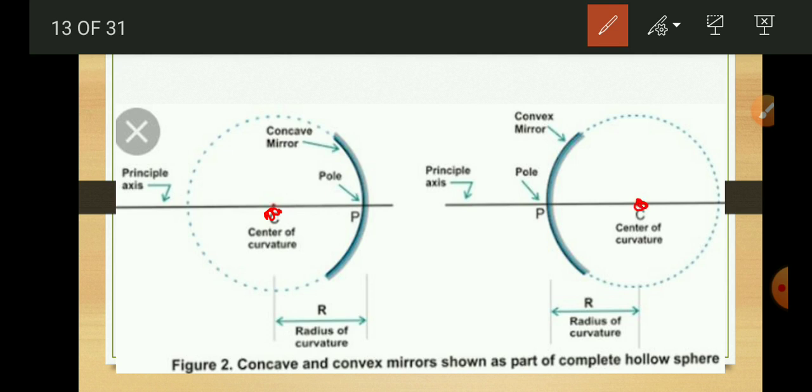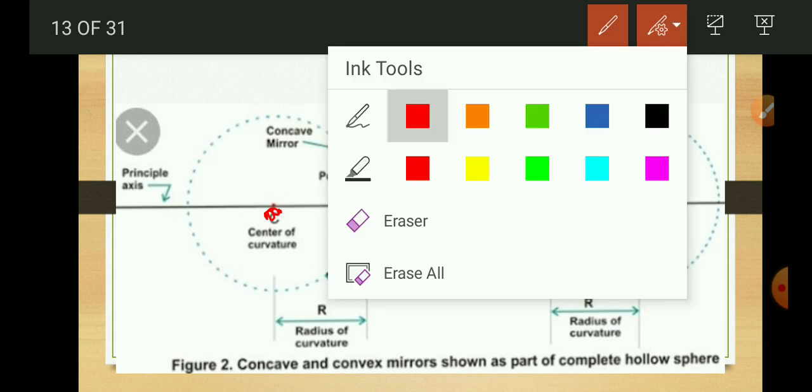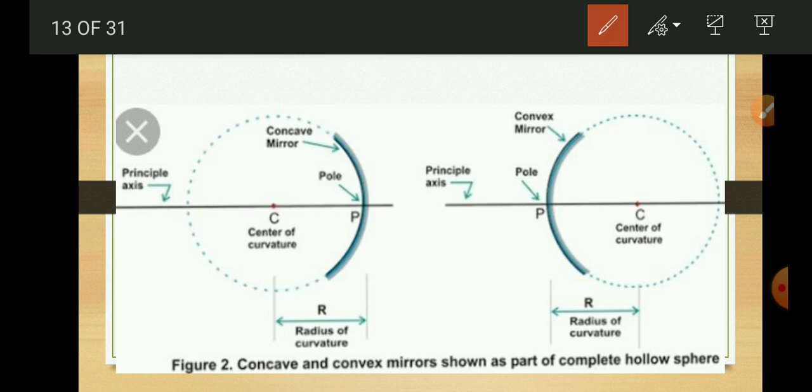Here you can see the center of curvature of the concave mirror and the convex mirror. The center of curvature is not a part of the mirror. We can see in this diagram that it lies outside the reflecting surface. It is denoted by capital letter C.